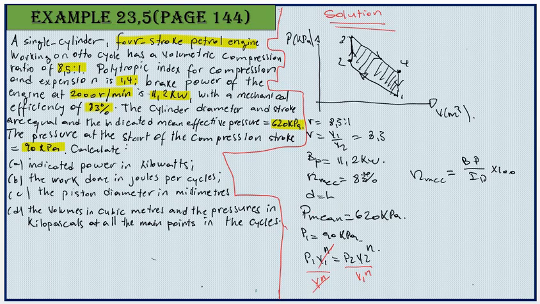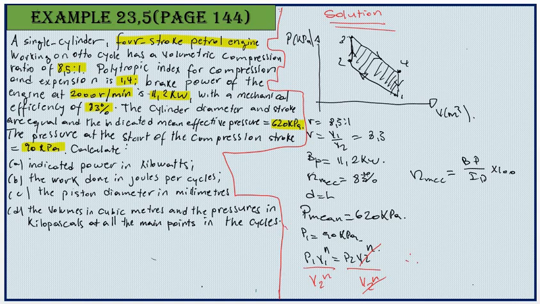In fact, we need to determine P2, so we divide both sides by this value so that when I simplify, I remain with P2.